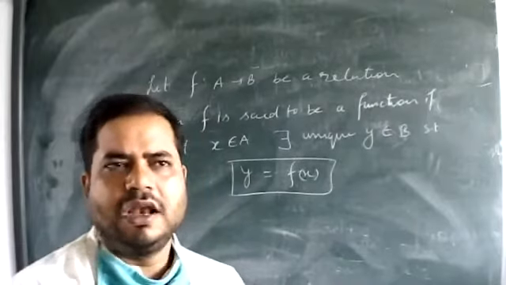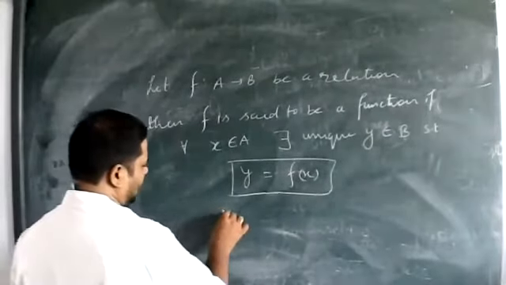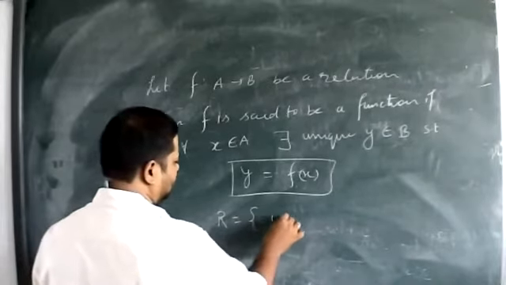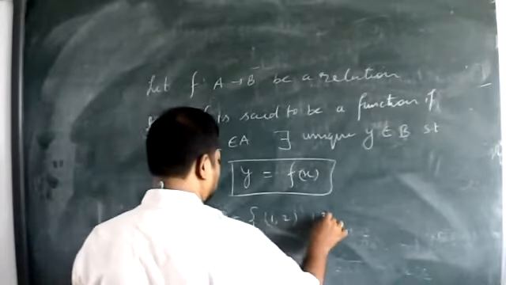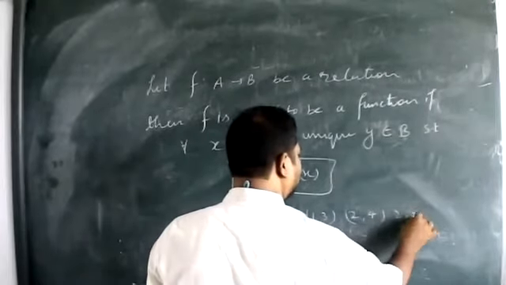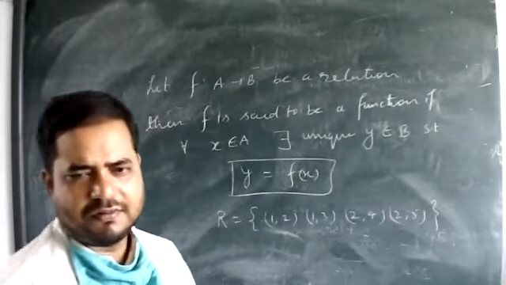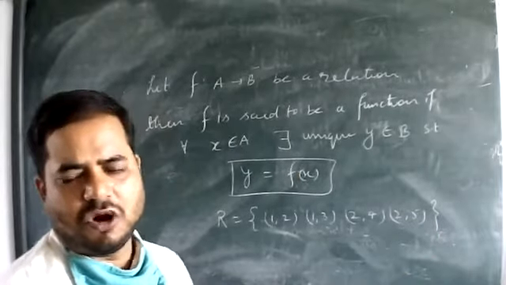ओके, तो रिलेशन में तो आपने सेट फॉर्म में भी देखा था. रिलेशन सपोज R is a relation, suppose (1,2), (1,3), (2,4), (2,5). Okay, like this is a relation, but why is it not a function?